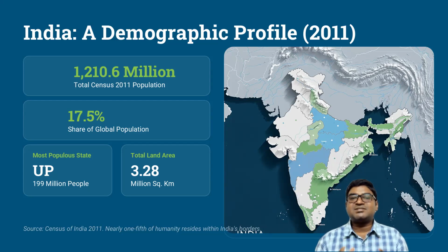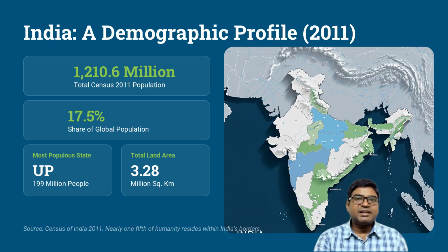The most populous state is Uttar Pradesh, the state in blue shade as you can see behind me, with 199 million people. The total land area of India is 3.28 million square kilometers.